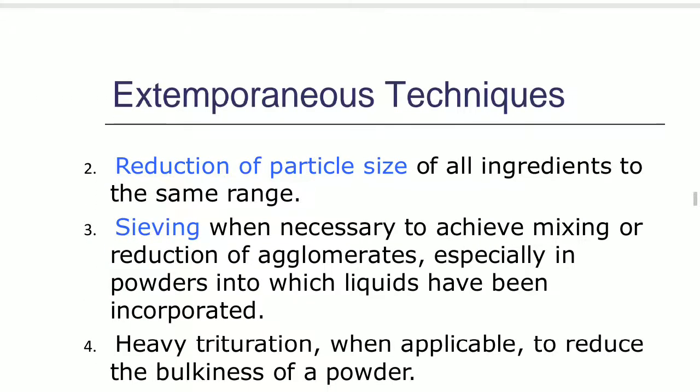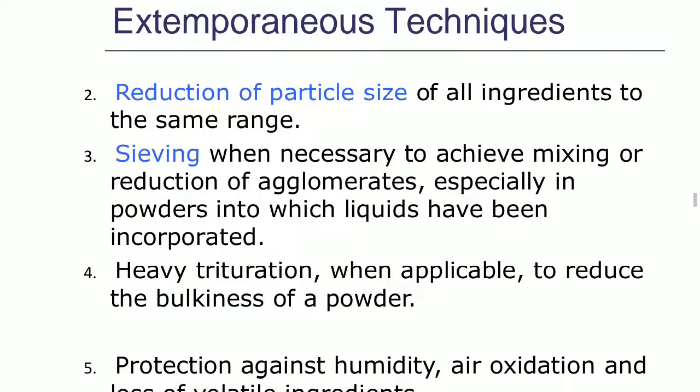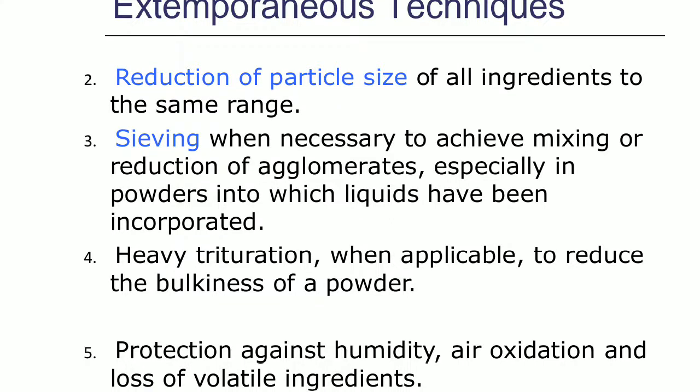Then the reduction of particle size. All ingredients to the same ranges, sieving when necessary to achieve mixing or reduction of agglomerates, especially in powders into which liquids have been incorporated.